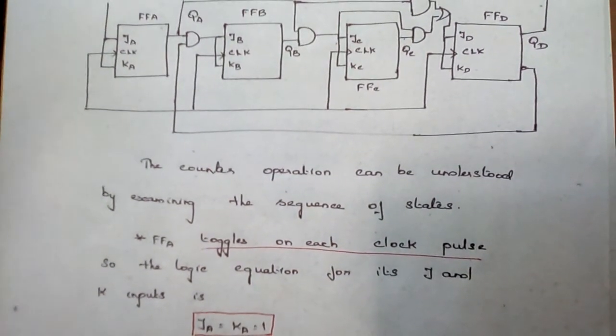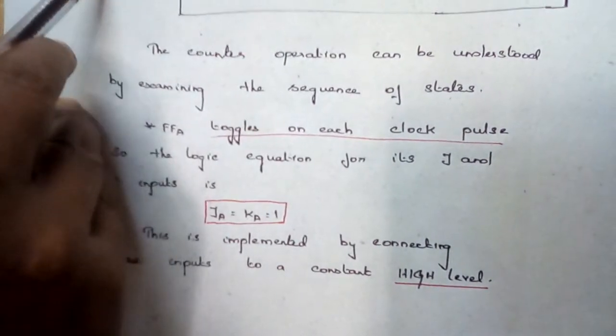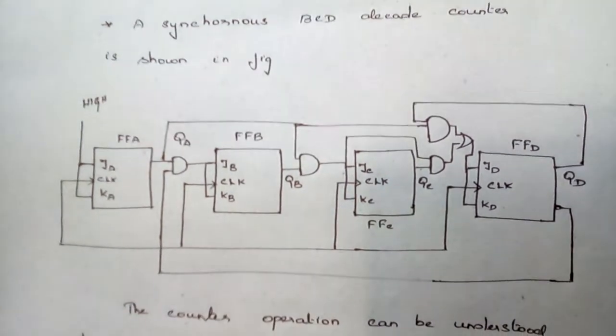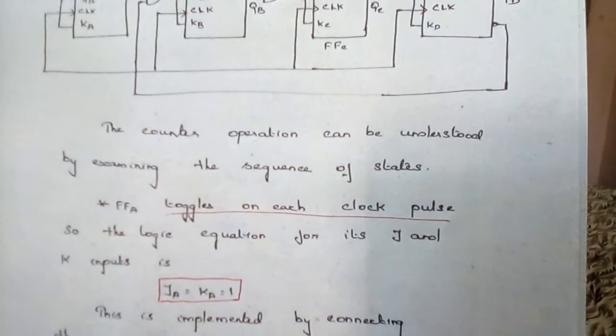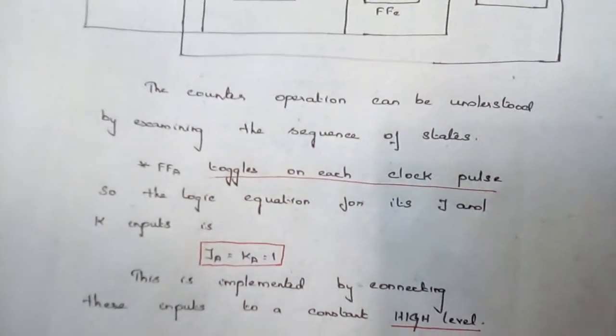This is implemented by connecting these inputs to a constant high level. When both J and K of flip-flop A are connected to high, there will be a change of state for the provided clock pulse. This is the first operation in the case of this counter.